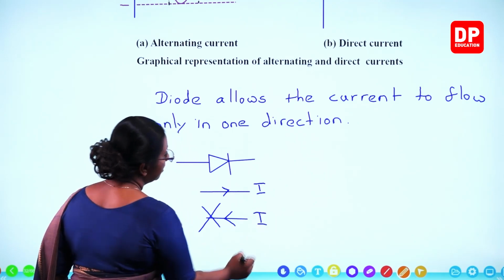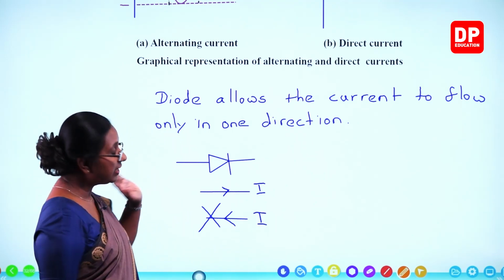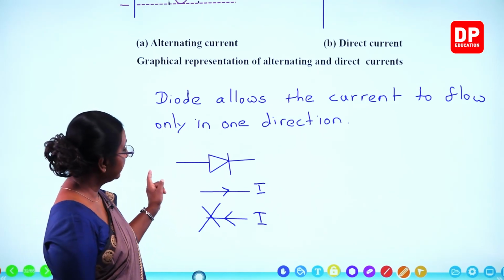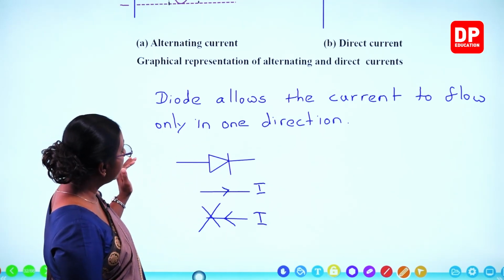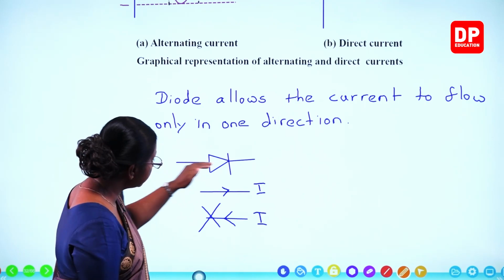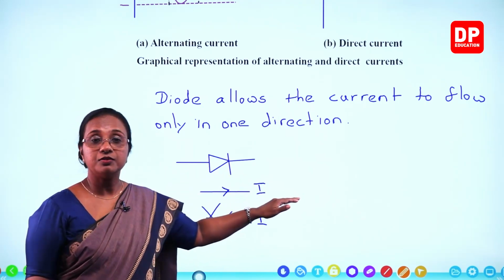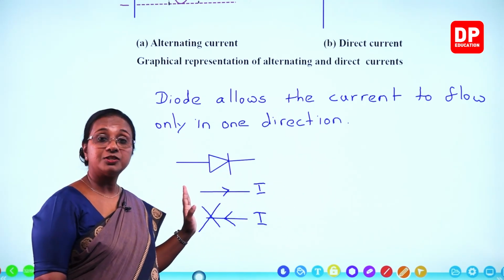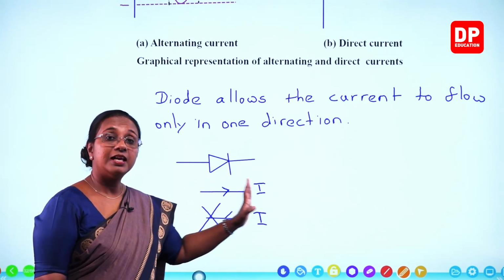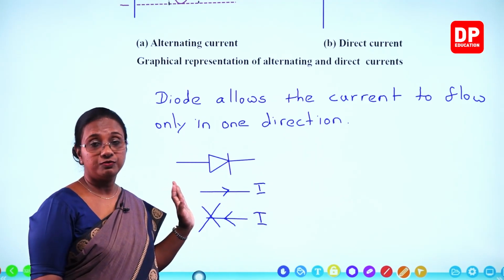It is not possible. So if it is an alternating current and if we connect the diode, when the direction of the current is this way, it will allow the current to flow. But when the direction of the current changes, it will not allow the current to flow.